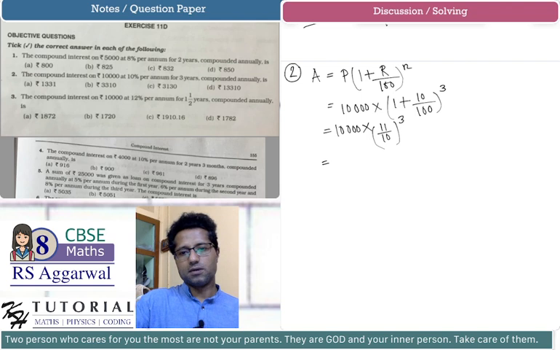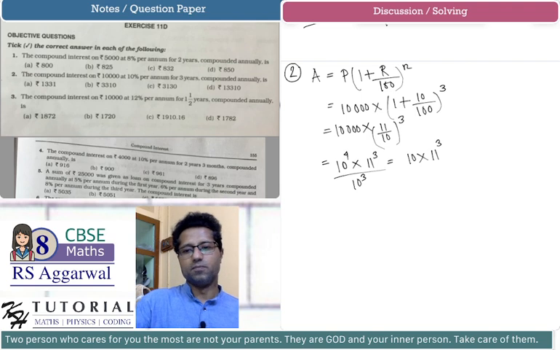So this is 10,000, which is 10 to the power 4, multiplied by 11 cube divided by 10 to the power cube. So this is 10 multiplied by 11 cube.